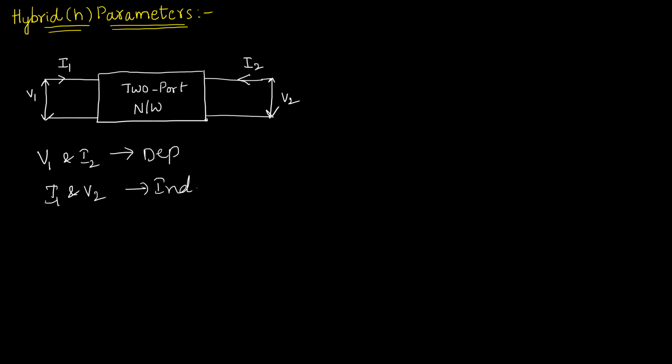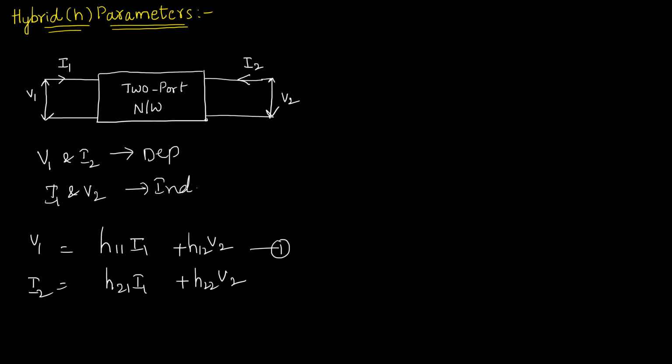Now coming to the equations, we're going to express V1 and I2 in terms of I1 and V2. So I1, V2. Let us relate through H parameters. So this is H11, this is H12, H21 and H22.